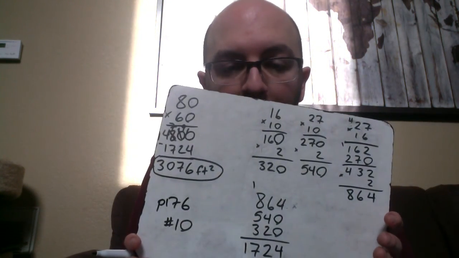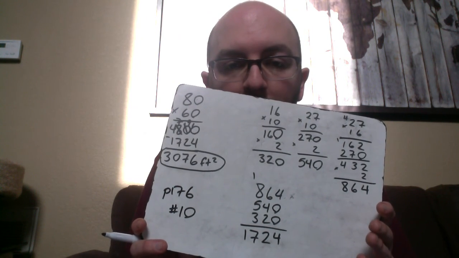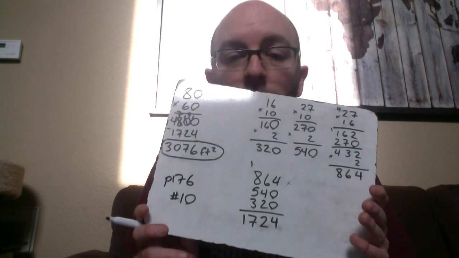And almost done. 3,076 feet squared. It did work. Alrighty. So for page 176, number 10, we get 3,076 feet squared.